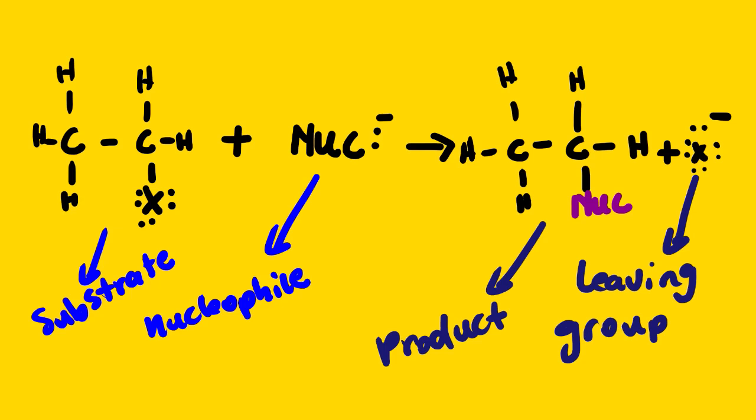So in nucleophilic substitution, what is important? Be able to identify the leaving group. Be able to identify our nucleophile. Be able to write down the product and also represent our leaving group.